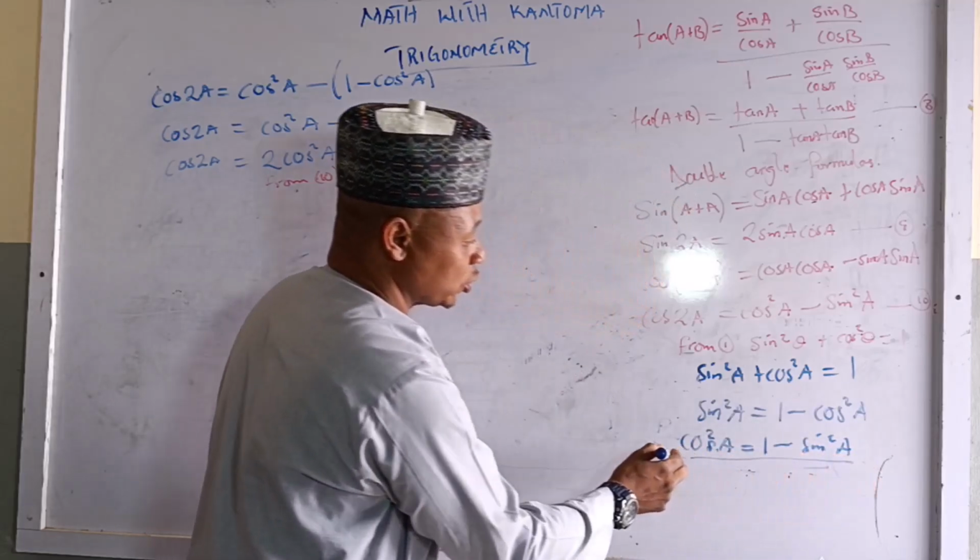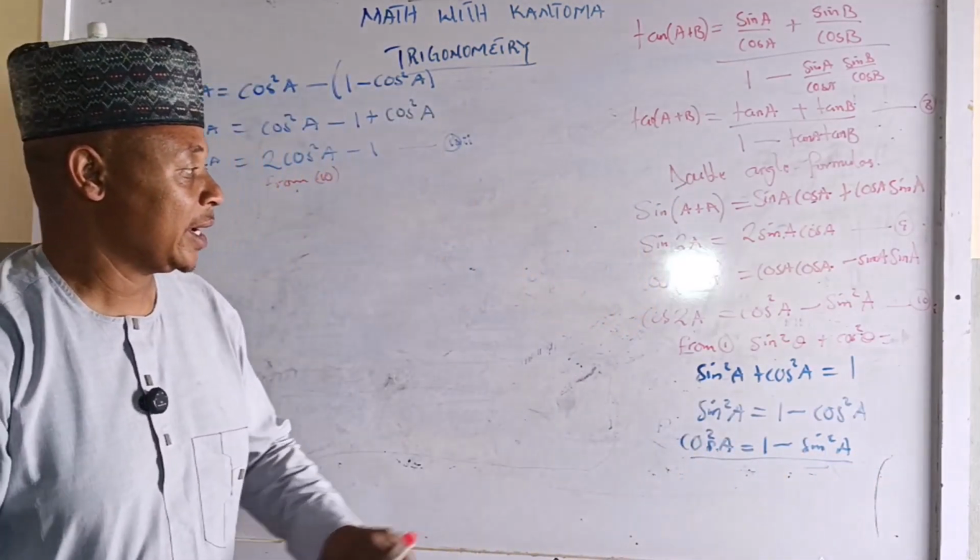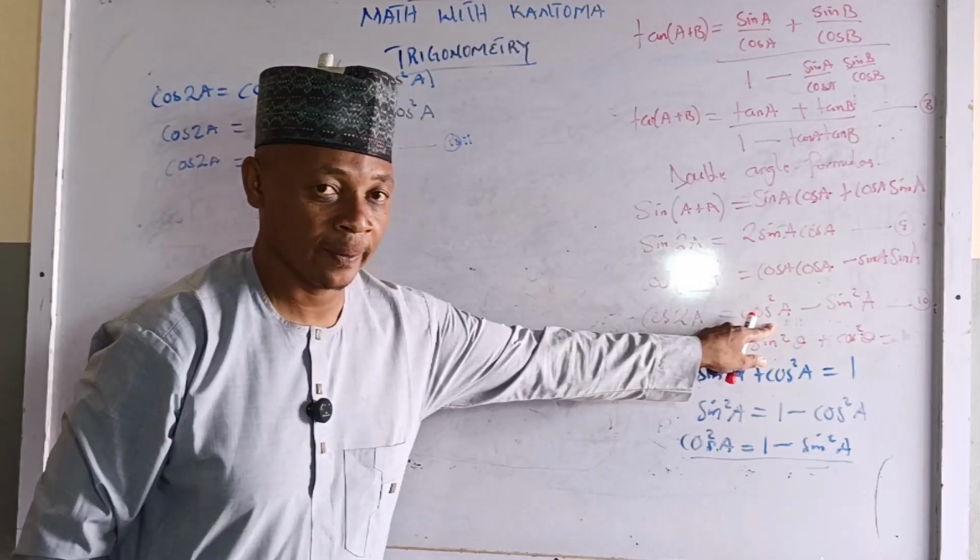So I can also substitute the value of cos square A in equation 10. Right?